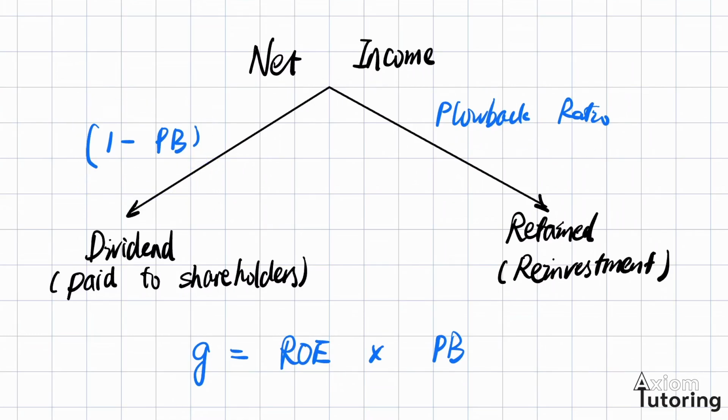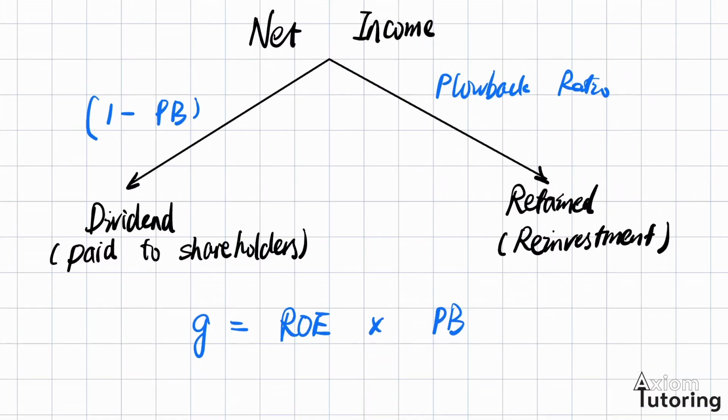Everything is paid out as dividends to the shareholders. Will there be any growth for this company? No, because there's zero plowback. The company or the board of directors can choose any number between 0% and 100% as its payout ratio, and this ratio could be changed along the operations of the company.